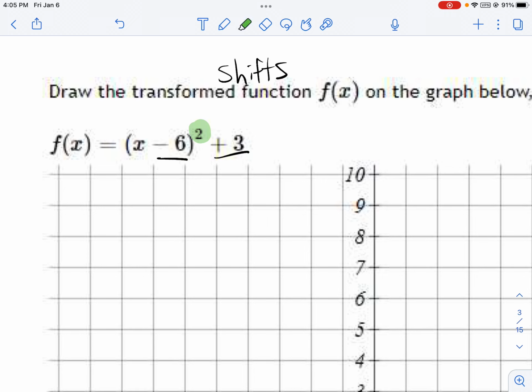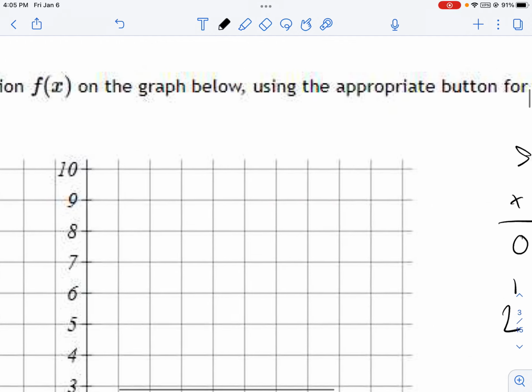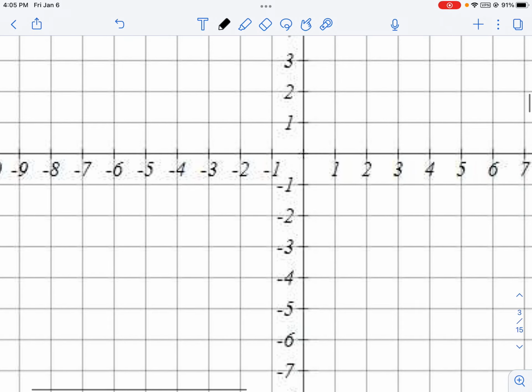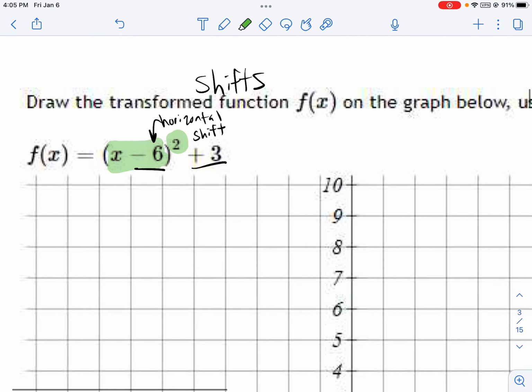First off, this minus 6 is on the inside of the square, inside of the operation that determines what your graph looks like. Well, that makes this a horizontal shift. Because if it's with the x, remember x moves left to right, that is your x-axis, so that's why it is a horizontal shift.